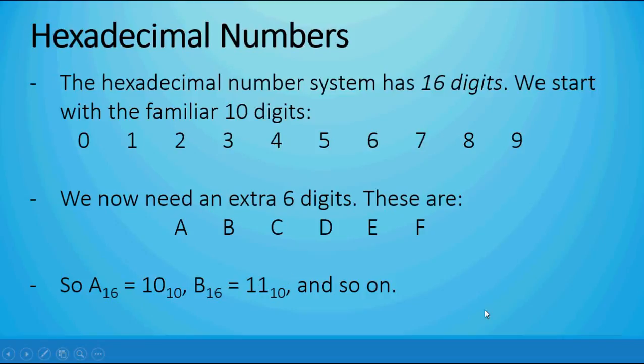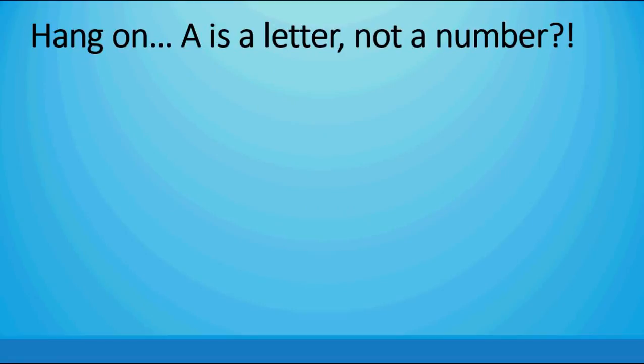There you go. At this point you're probably a little bit confused. A is a letter. We're used to A being a letter, aren't we? So how can it be a number? Well, it's a bit like algebra. In algebra you're taught to use typically x, for example, little x.